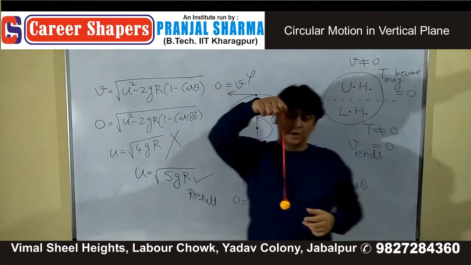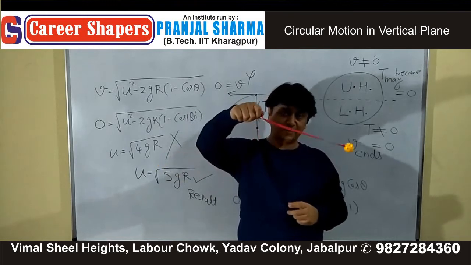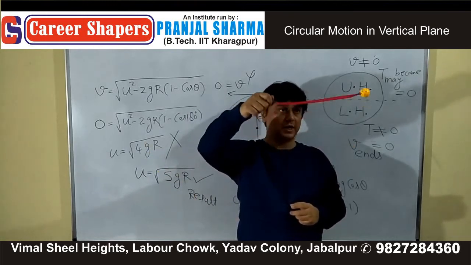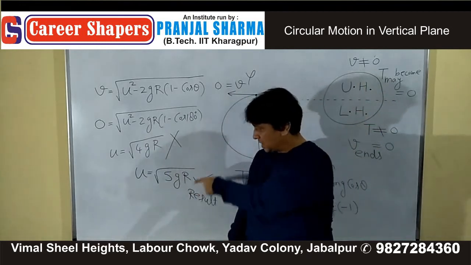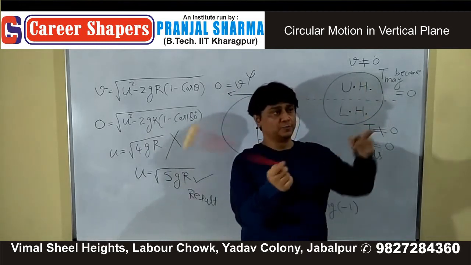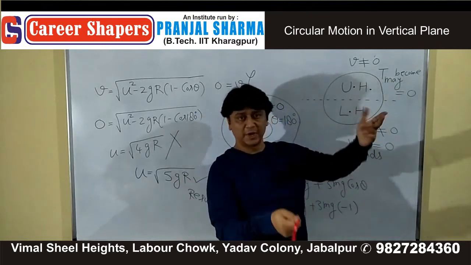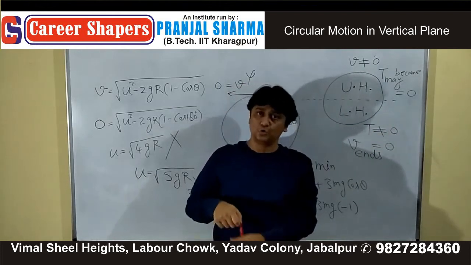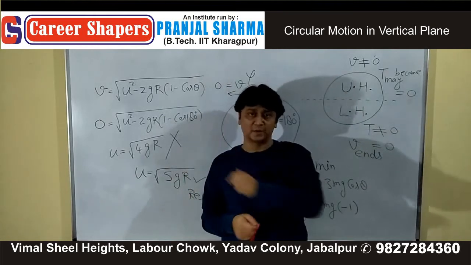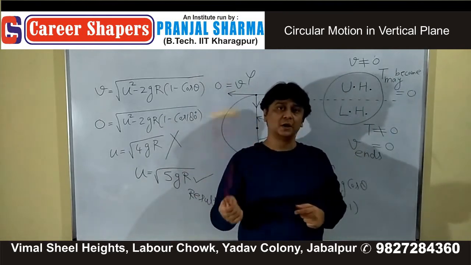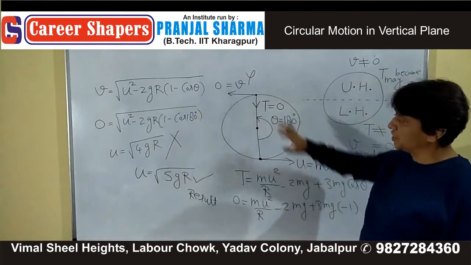But for U less than root 2 GR, it doesn't go beyond the 1/4 mark. For U greater than root 2 GR but less than root 5 GR, it moves somewhere here, and then completes a parabolic part. For U equal to root 5 GR, it just reaches the highest point and then automatically completes the other part. For U greater than root 5 GR, it will continue doing this vertical circular motion.